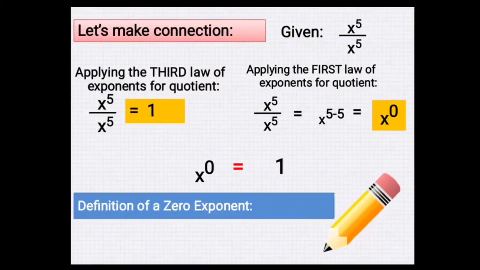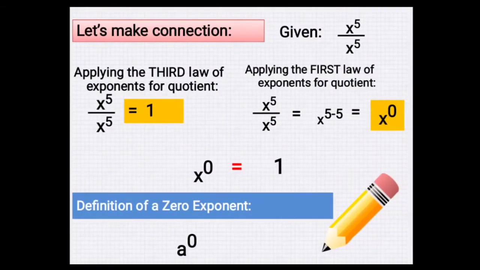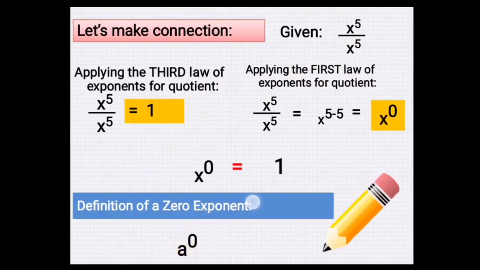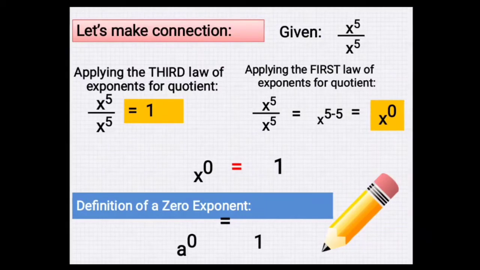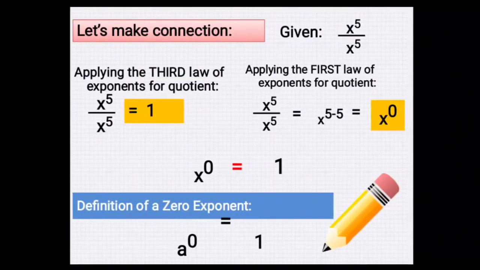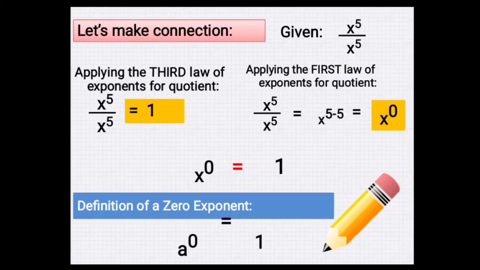So let's have the definition of the zero exponent. You have to take note that if the exponent of the base is 0, automatically that is equal to 1. Again, if you see a zero exponent, automatically that is equal to 1. For example, 2 raised to 0.